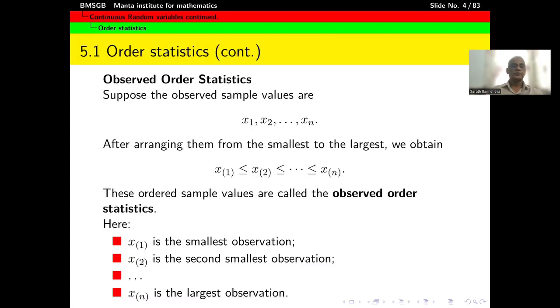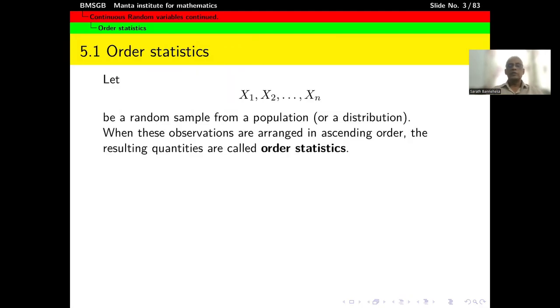So we can actually talk about two types of order statistics, right? For example, even when you're talking about a random sample x1 up to xn, we usually denote random variables by capital English letters X1, X2 up to Xn.